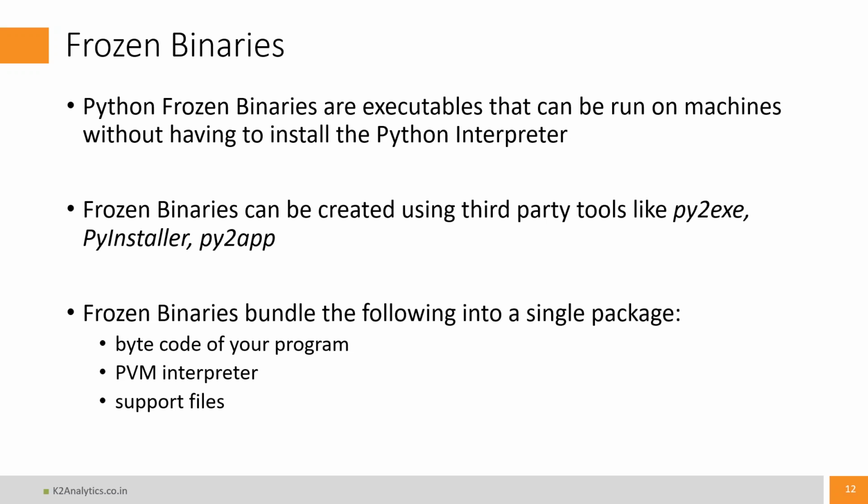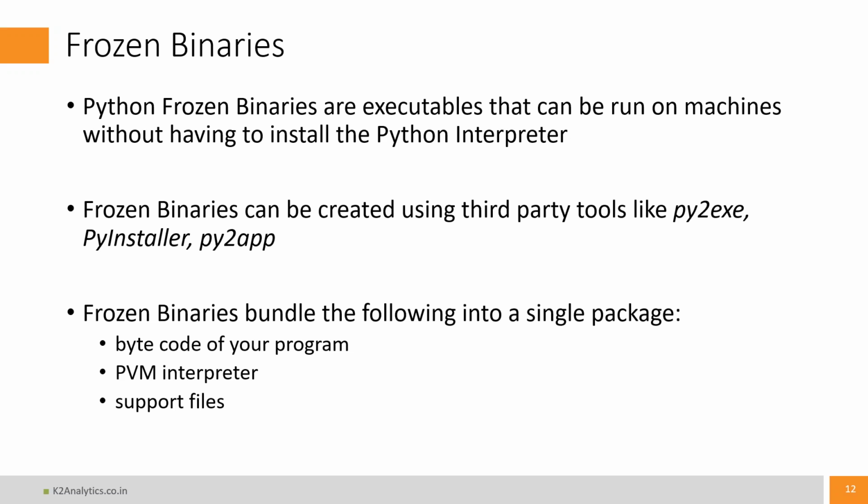The client just has to install that. To create frozen binaries, we require third-party applications like py2exe, which converts a Python script to an exe, or PyInstaller, which creates an installer-kind of app from your code, or py2app.